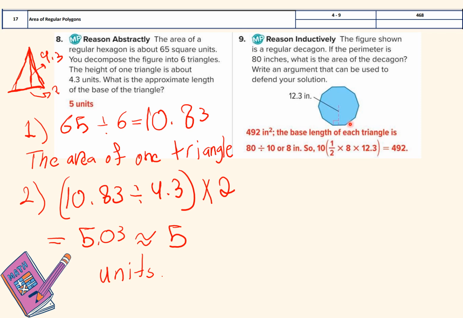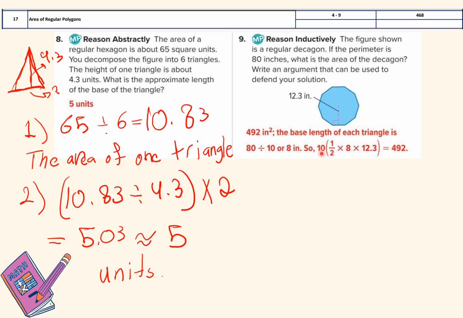If you know each side, you can easily find the area of each triangle. And I know that I'll be having 10 triangles here. So the area of each triangle is half times 8 times 2.3, the height of the triangle. And then that answer will be multiplied by 10 again. Why?